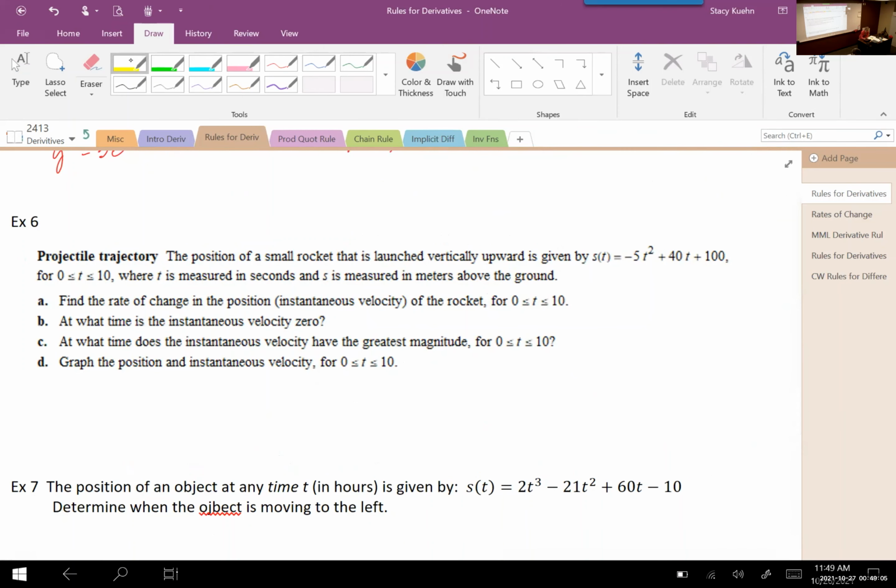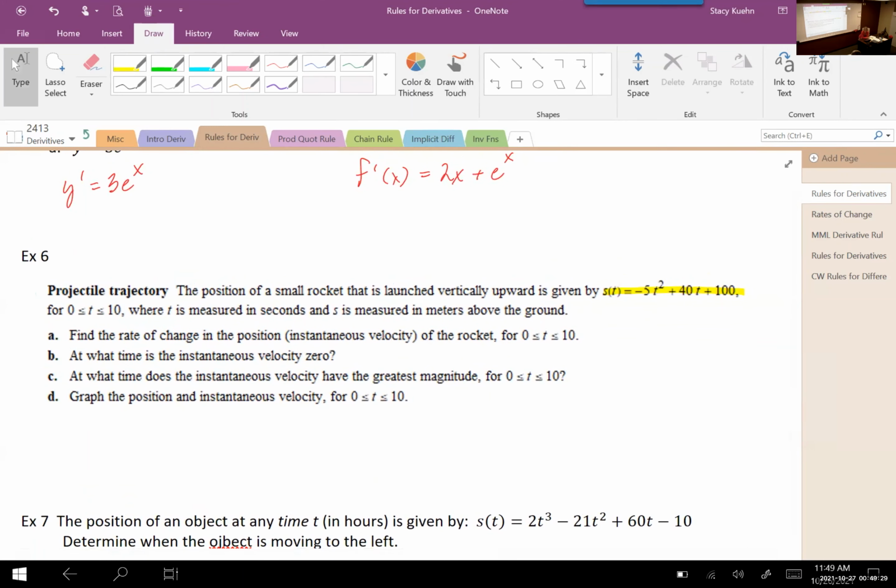For this first one, it says the position of a small rocket launched vertically upward is given by the function s of t for time between 0 and 10 seconds. Okay, so a couple of things that I want to point out to you.